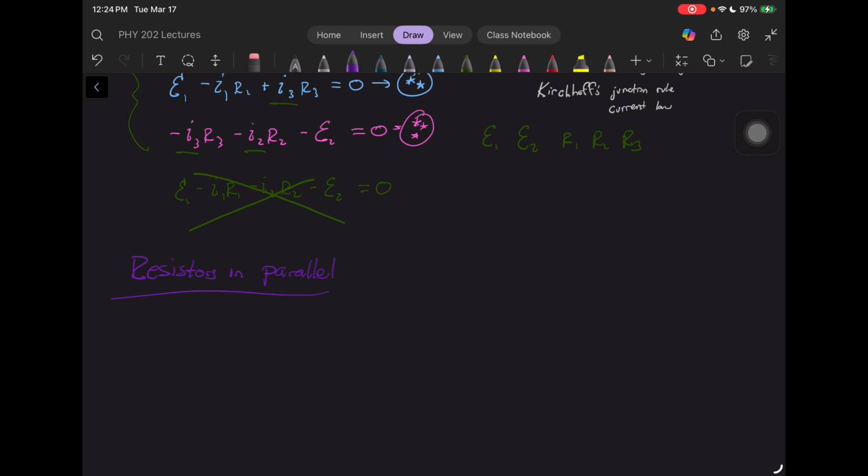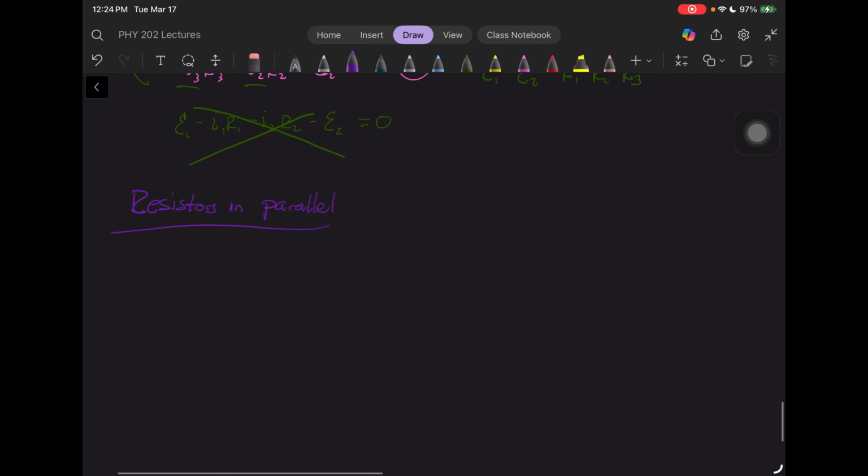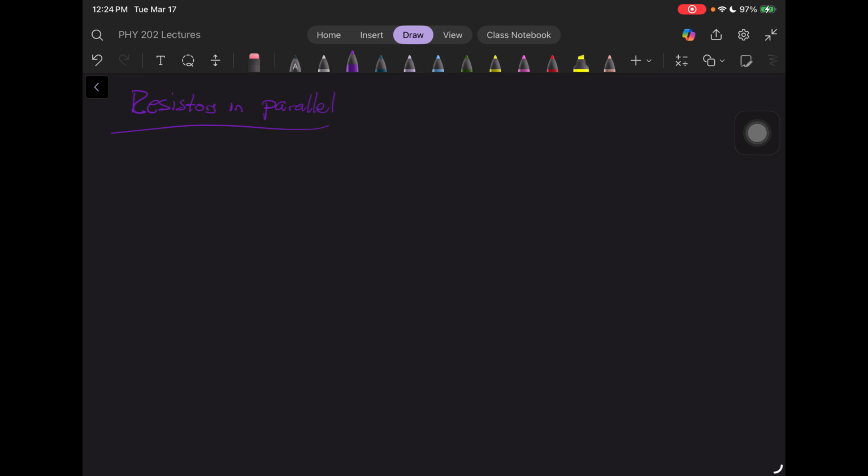Okay. And we will go, have some battery. I'm going to give ourselves a bit more space.